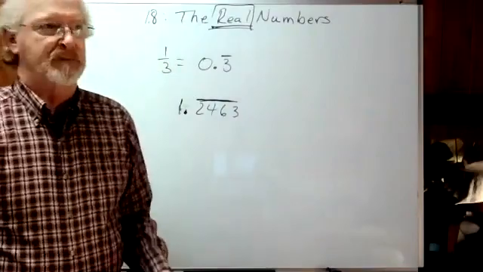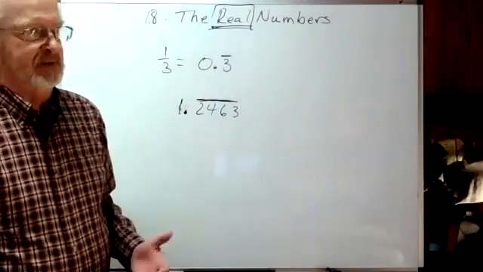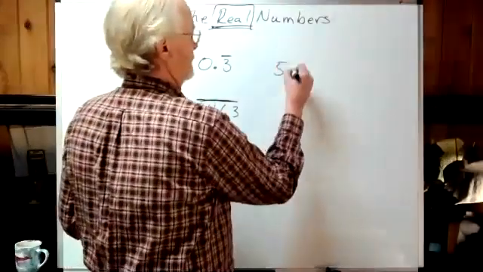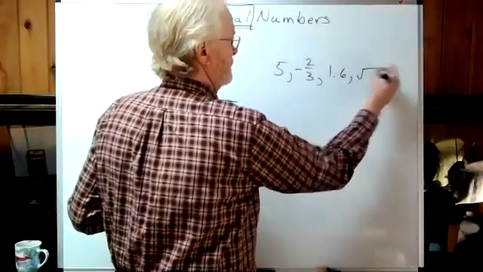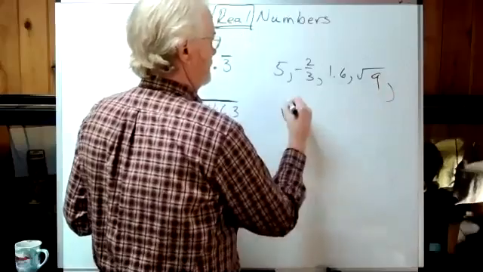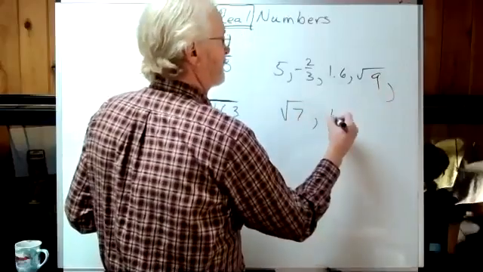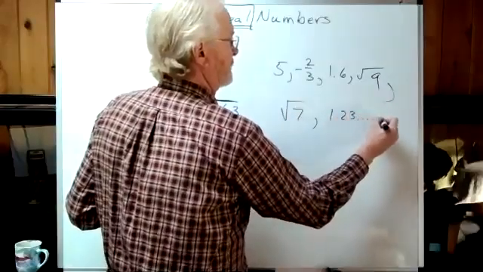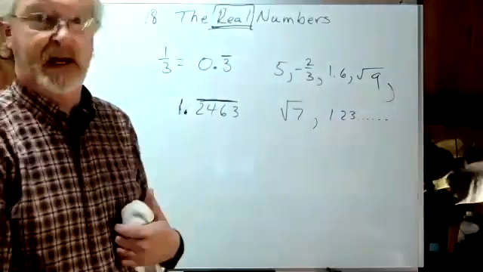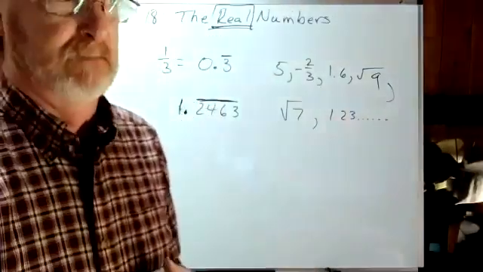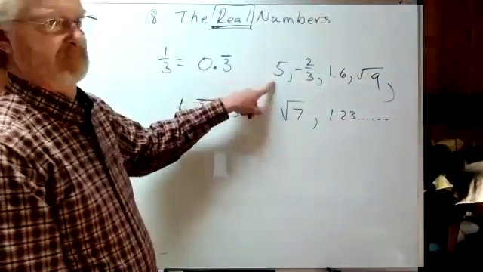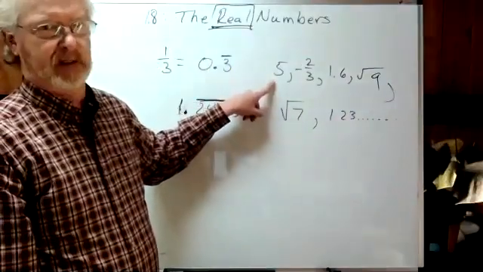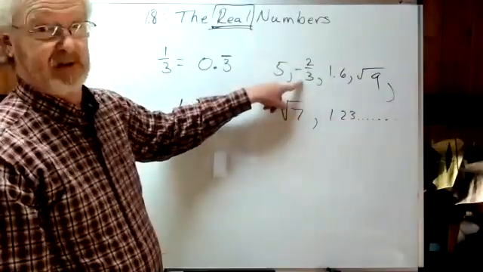So homework problems will give you a list of numbers, you know. Which ones are rational numbers? Which ones can you make look like fractions? Whole number? Yeah, I can write it over 1. Fraction?